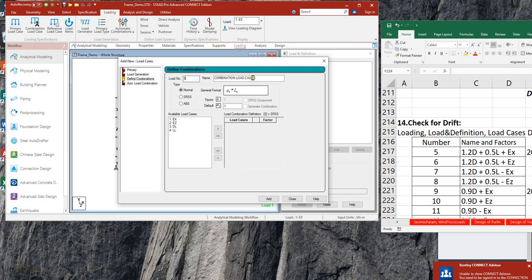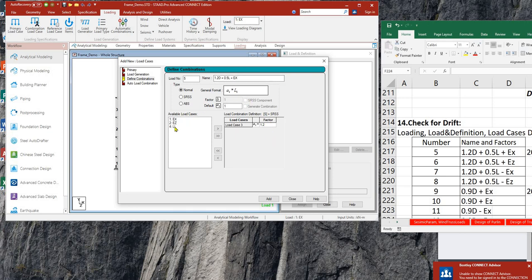Then number 5 would be 1.2 dead plus 0.5 L plus EX. And then click natin si dead muna, factor na 1.2.